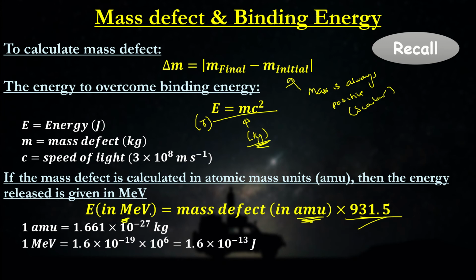If you want to convert from mega electron volts into joules, you must multiply by the charge of the electron, which is given on your formula sheet, times the mega component. And so 1 mega electron volt is 1.6 times 10 to the minus 13 joules.